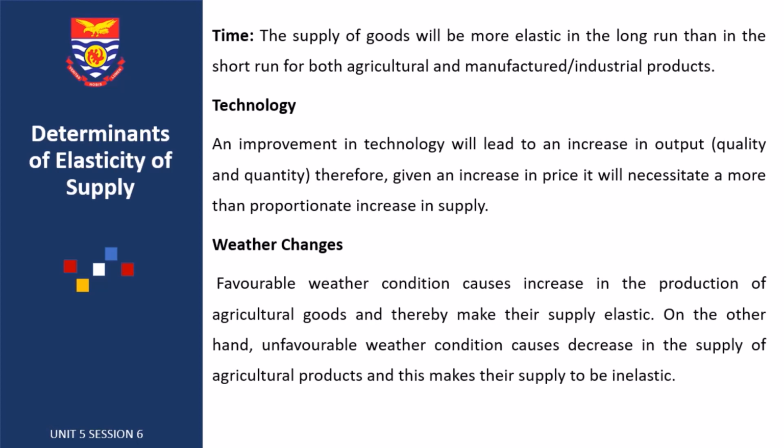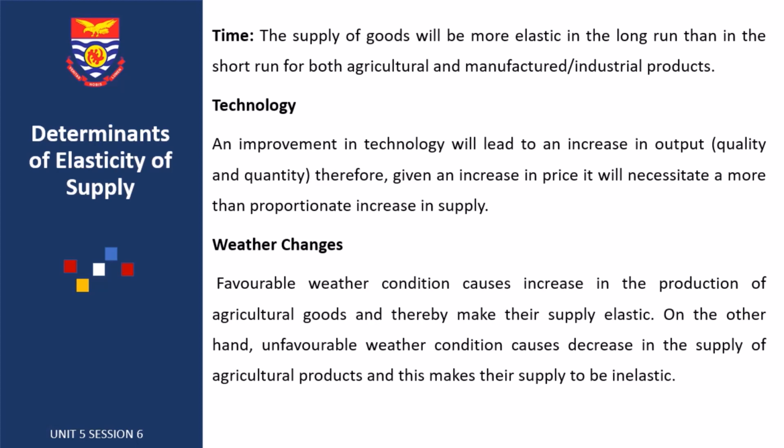Let's talk about time. The supply of goods will be more elastic in the long run than in the short run for both agricultural and manufactured and industrial products. So agricultural products take time to grow. For example, a few months for maize and 6 to 7 years for a cocoa plant to mature. That is, the supply of agricultural products such as rubber, coffee, and cocoa tends to be inelastic in the short run.